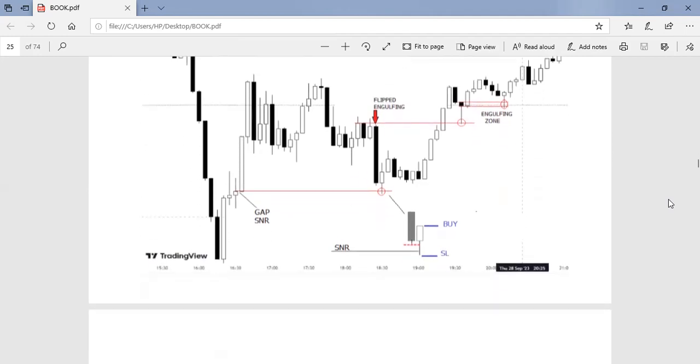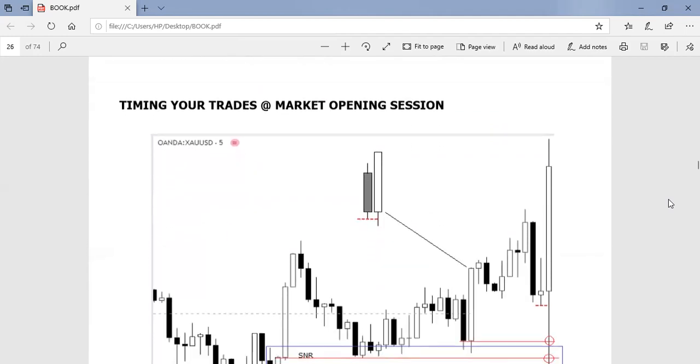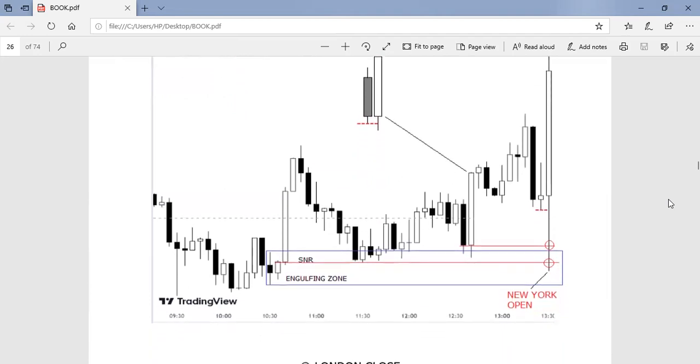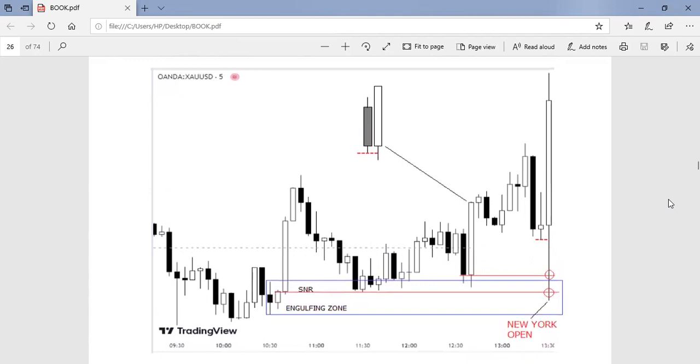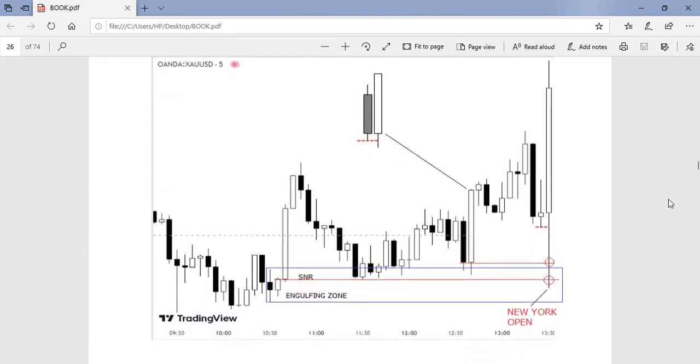That's timing your trade. You can use engulfing to time your trade, especially at a new market opening or session. During the new market opening session, you can use engulfing.